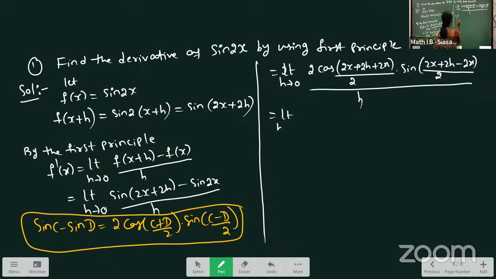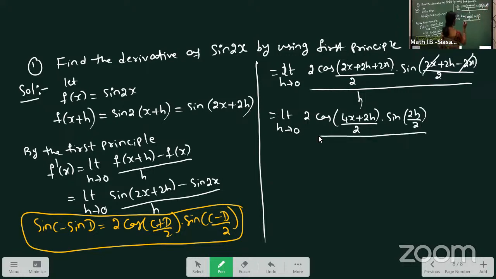Limit h tends to 0, 2 cos of 4x plus 2h by 2 into sine, here 2x and 2x get cancelled, 2h by 2, whole by h. Here 2 and 2 cancel, write 2 outside.